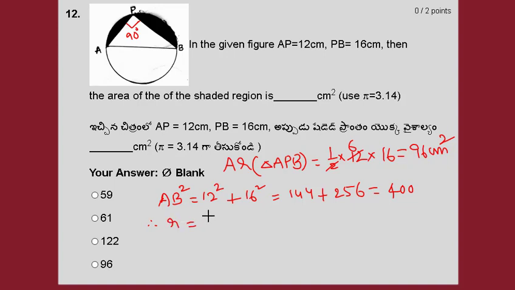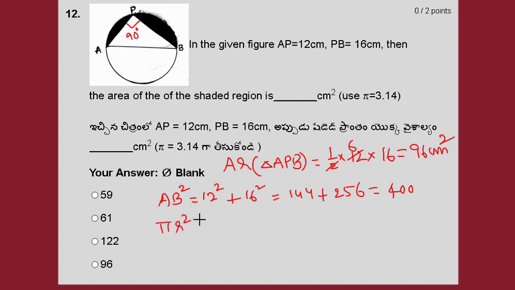Here AB is the diameter, so AB square will be equal to the square of the diameter. By using this, we can find the area of the semicircle.